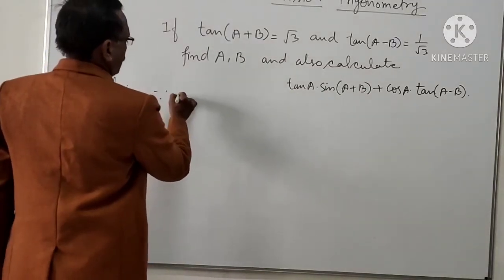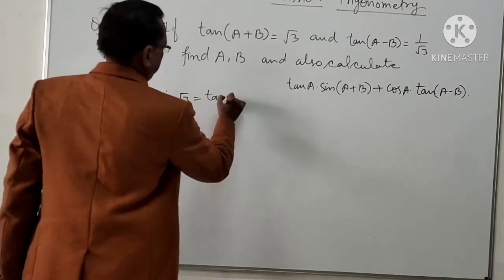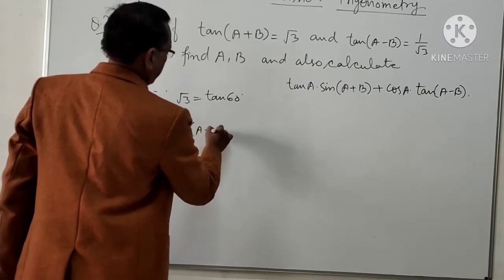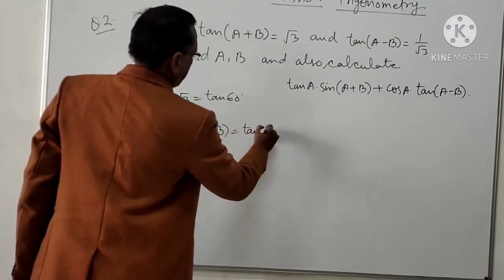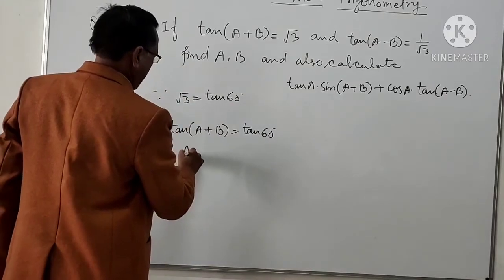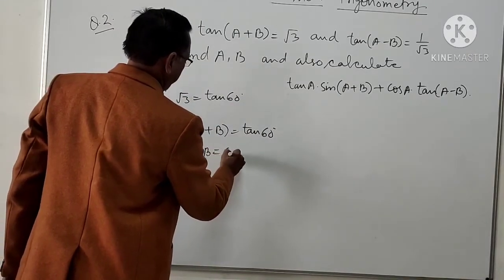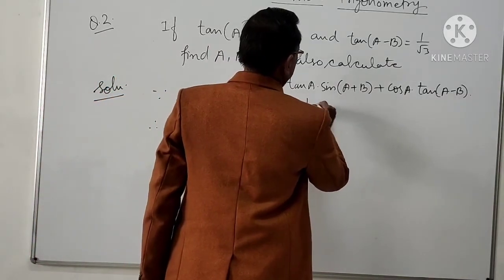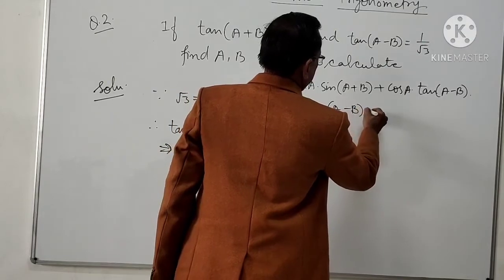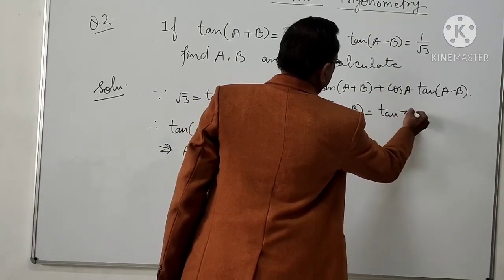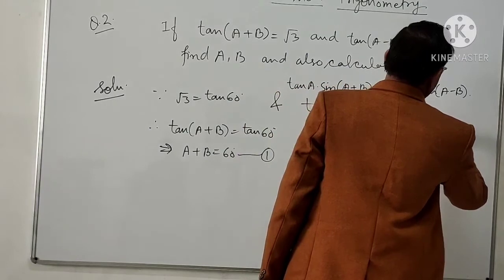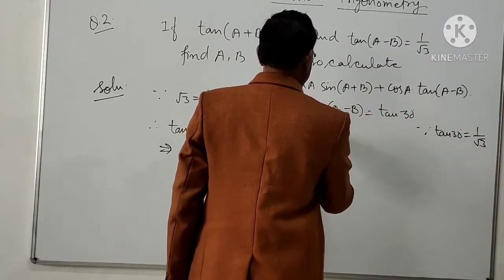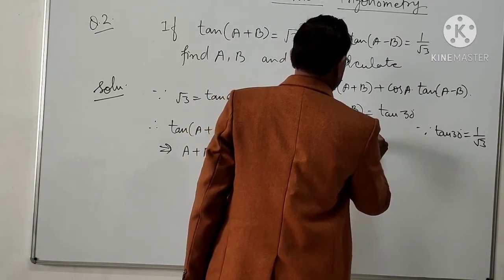Student, since root 3 equal to tan 60 degree, therefore tan(A + B) is tan 60, and from this we will get A + B equal to 60 degree. It is equation 1. And tan(A − B) equal to tan 30 degree. Since tan 30 is 1 upon root 3, from this we will get A − B, which is 30 degree.